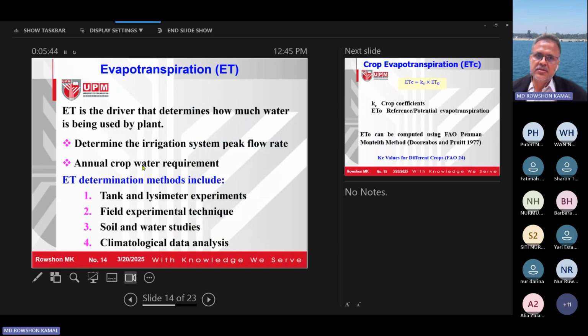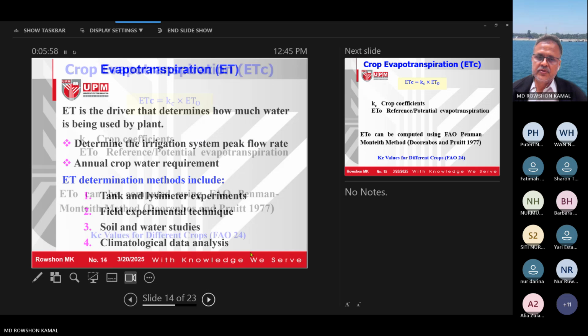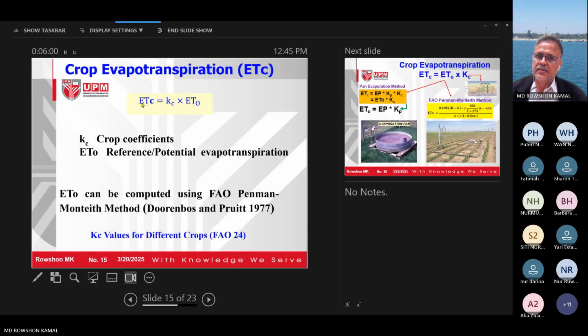So this is how ET comes. ET is the driver that determines how much water is being used by the plant in the hydrologic cycle. So that ET is this one. When it's written ETc, it means evapotranspiration for crop.